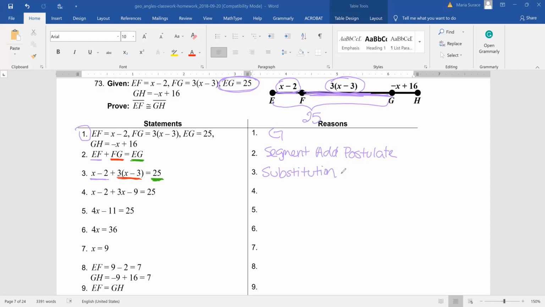From here, how do I get rid of these parentheses to make 3 times x minus 3 the same as 3x minus 9? I had to distribute. Well, there is your reason, distributive property. You were able to do that because of the distributive property.